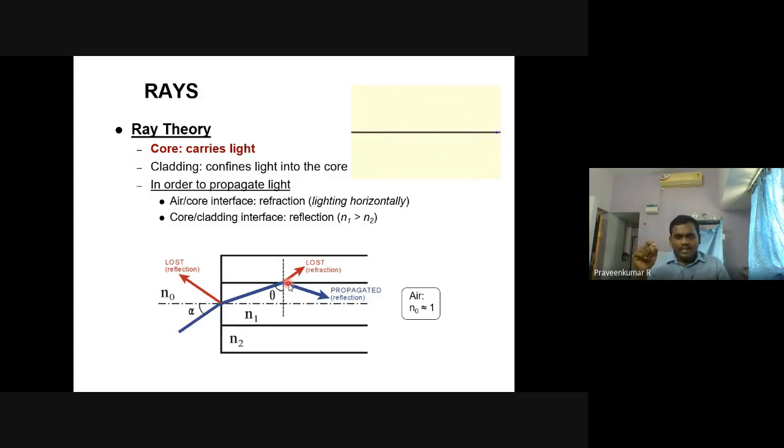If the light is traveling from core to the cladding, we have to consider that the signal is lost. So we have to reconsider our fiber structure and the design parameters of your core, and think about the materials which we have used for the manufacturing process of your fiber material. Put together, we have to analyze.